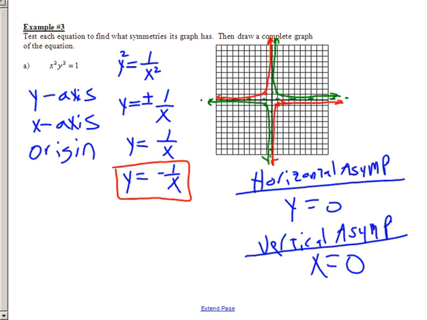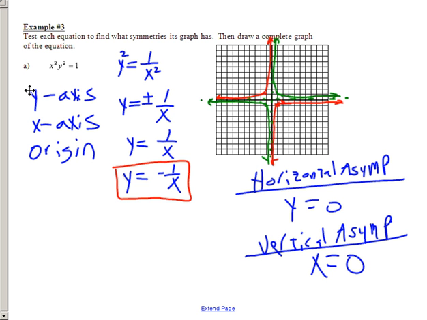It does not pass the vertical line test, therefore it's not a function. It doesn't pass the horizontal line test either. But we could fold this graph over the x-axis and get the same picture. That's why it has x-axis symmetry.